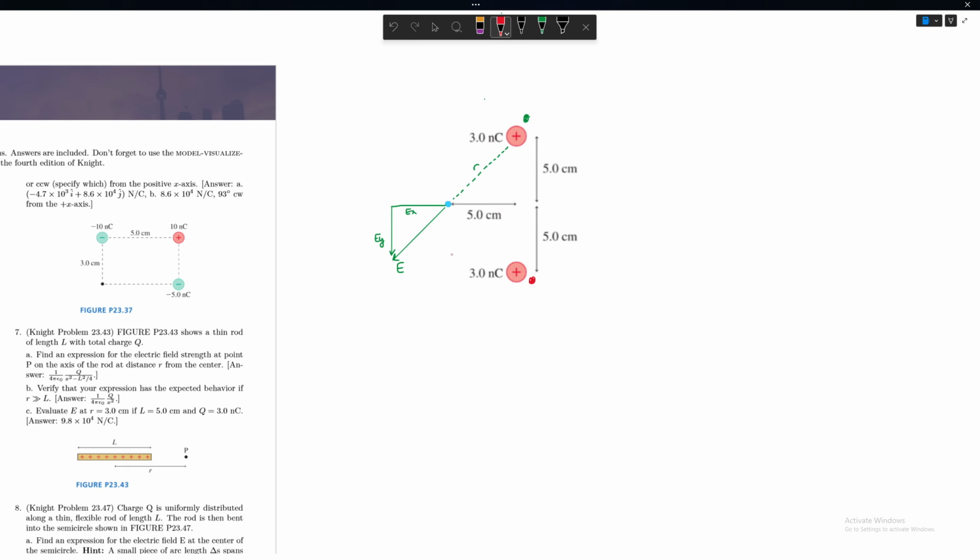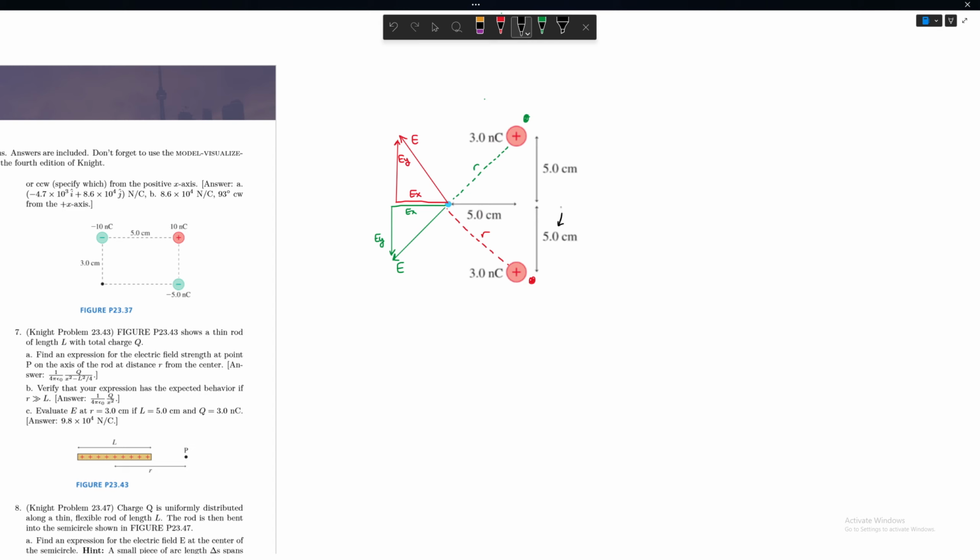Right? Now for my red, this guy is going to go all the way across from distance r, and is going to do the same thing, but the other way. And that is my E, and same thing, it has an x and a y. Okay, now as you can see here, the distance is 5 centimeters for both.